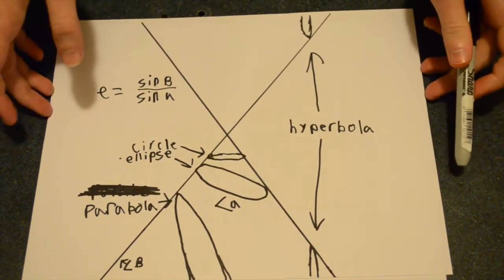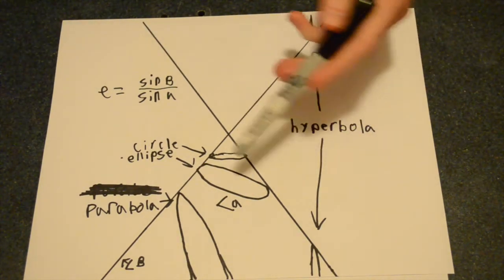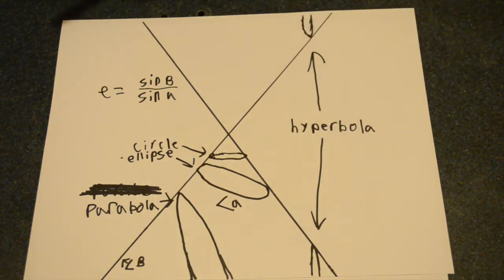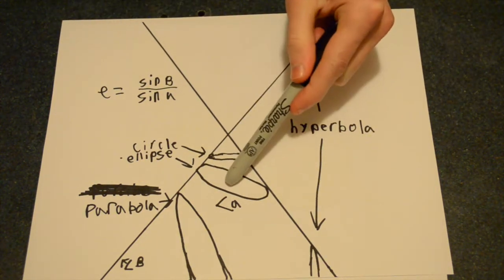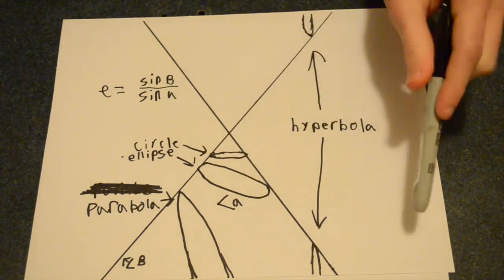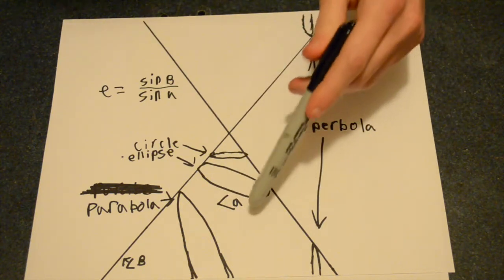First you have a circle. That is pretty boring, no eccentricity, it's just a flat cut. Here you have an ellipse. That is a bit more interesting, it's still complete, but it's at an angle.